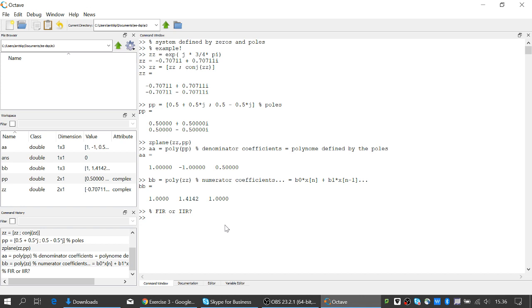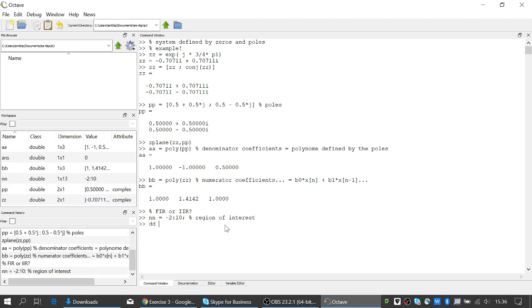So we take the impulse. For example, calculate first a vector of indexes, say 10. So this is basically just a region of interest for us. And then we can calculate the delta, which is simply casting double to if nn is equal to 0.